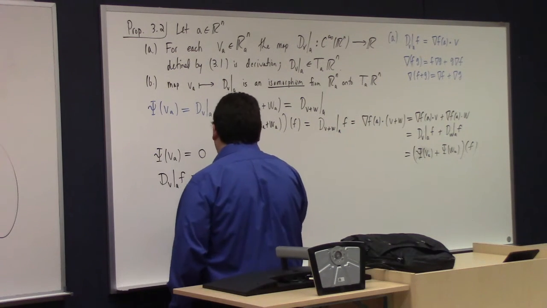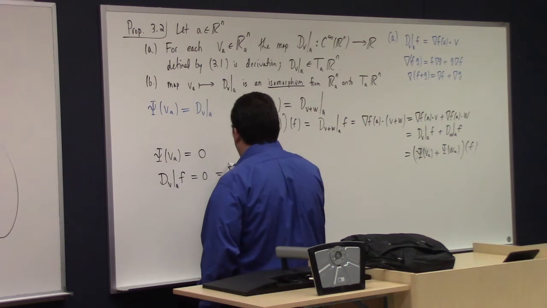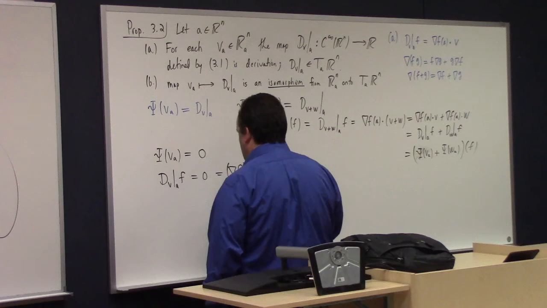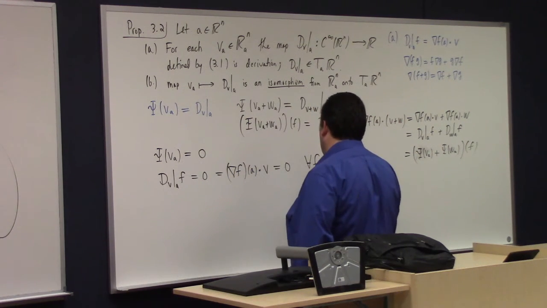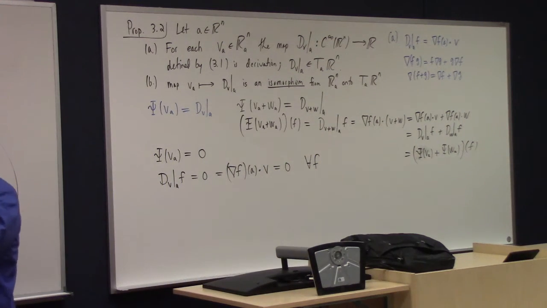In other words, the gradient of f evaluated at A dot product with V is equal to 0 for all f, for all smooth functions, right?